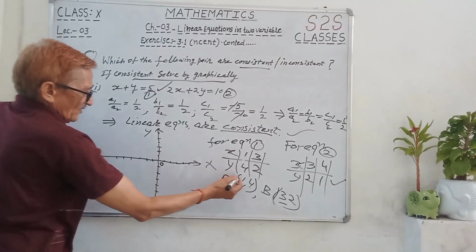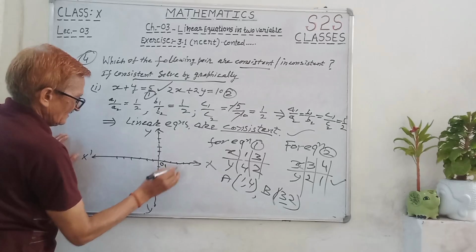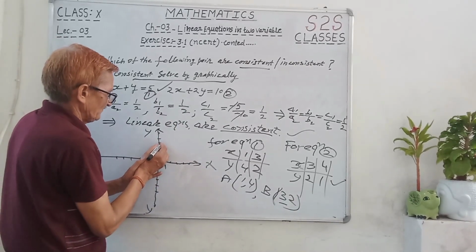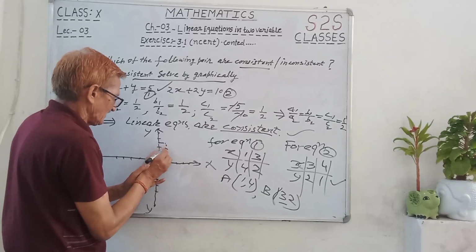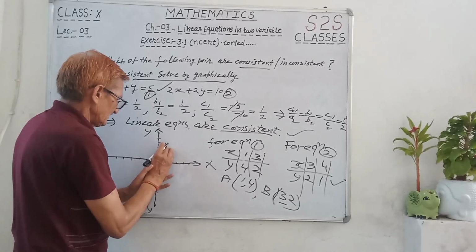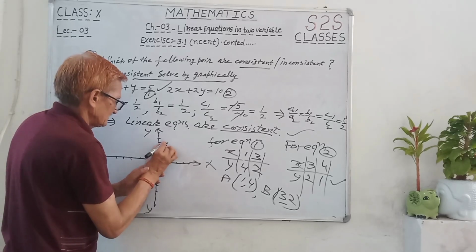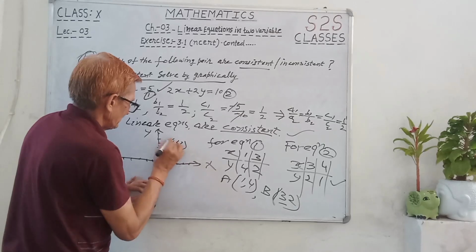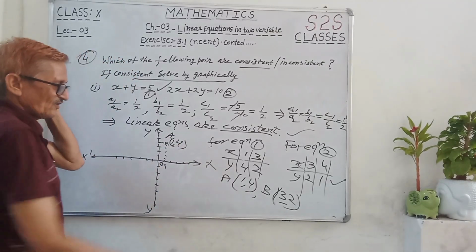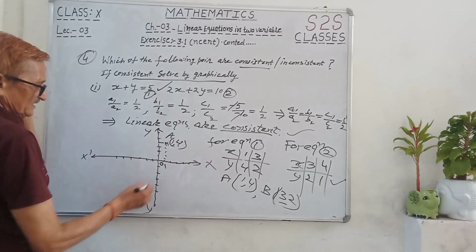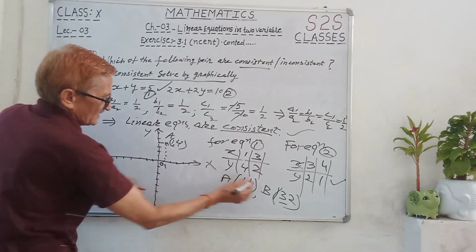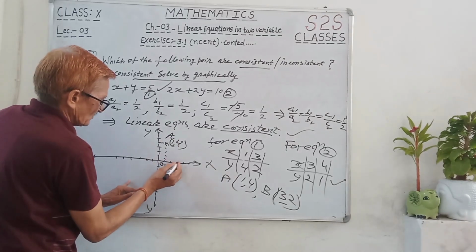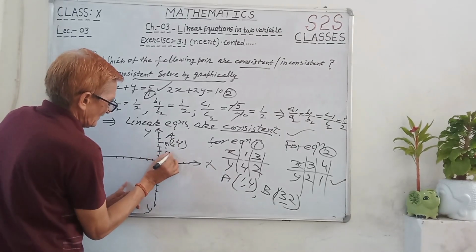Now 1, 4: for y equals 4, draw the perpendicular, 1, 2, 3, 4, then the perpendicular at 1, and we write this point. This is point A (1, 4). We should mark it. Now the second point (3, 2): x is 3 and second coordinate y is 2, so perpendicular from 3 and from 2.